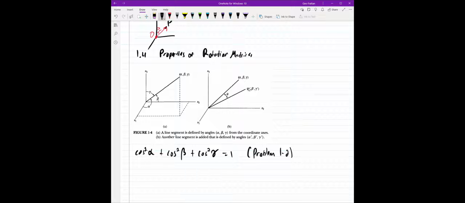Probably not. But then we can also define a theta between these non-prime and these prime angles, so kind of like the difference between them, if that makes sense.